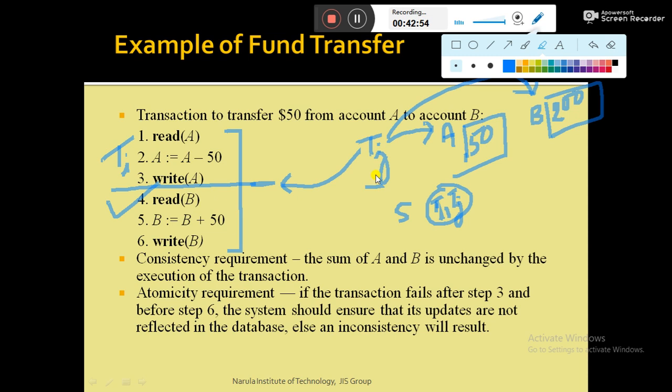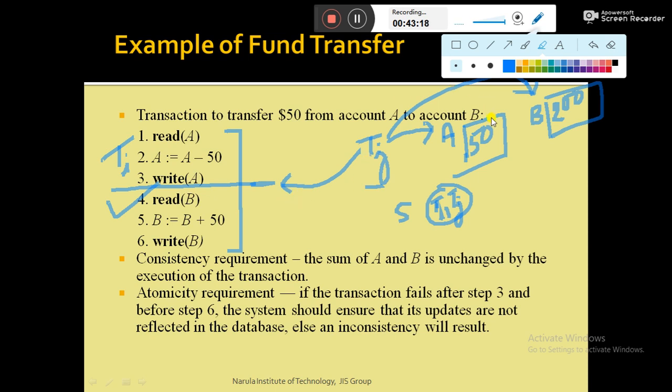So if tj reads a and b, it sees that the value of a has $50 deducted, but it also sees the value of b is 200. Why is the value of b not updated? The third instruction needs to be executed by ti, but tj already entered the system.